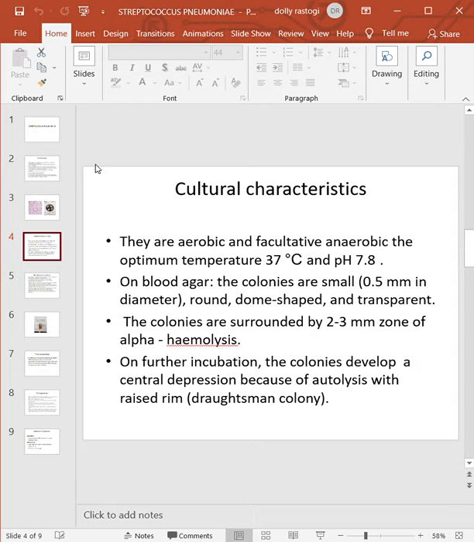Umbonation means umbrella like in shape, so that the concentric rings appear like draughtsman colonies or carom coin appearance.